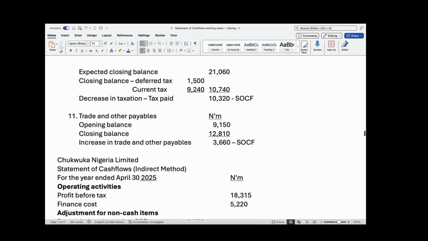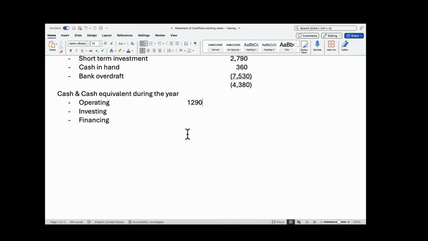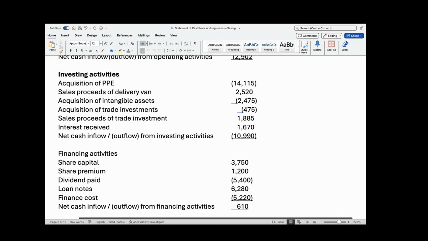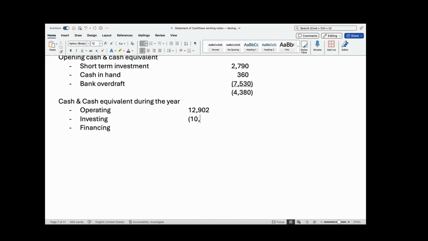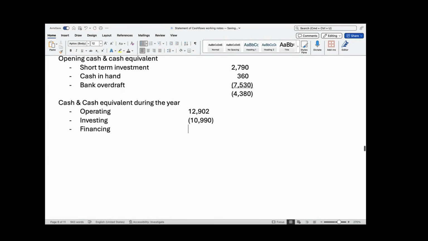What's your operating? 12902 inflow. Where's your investing? 10990 outflow. What's your financing? 610 inflow. So what do you have? 2522 inflow.